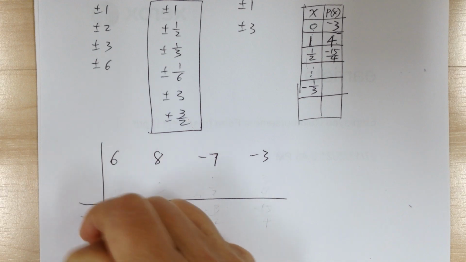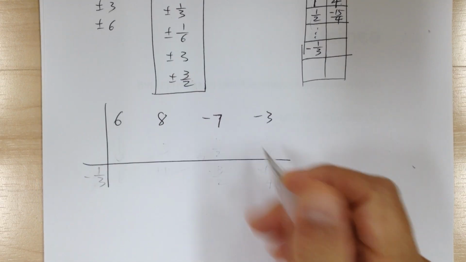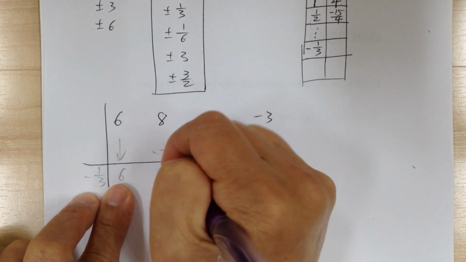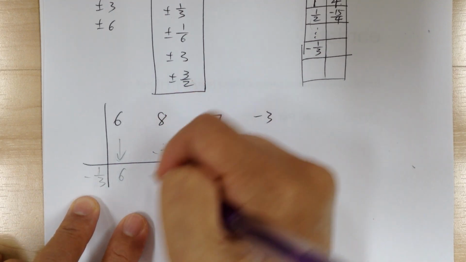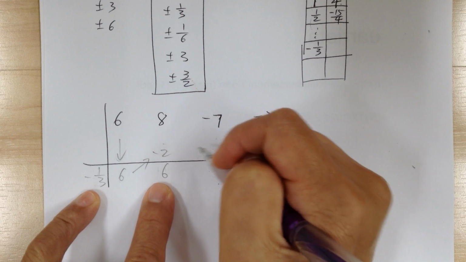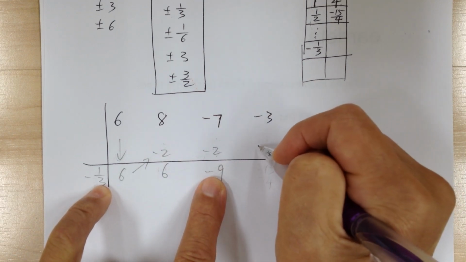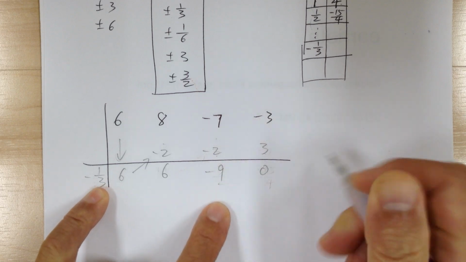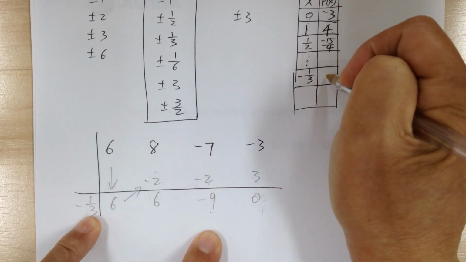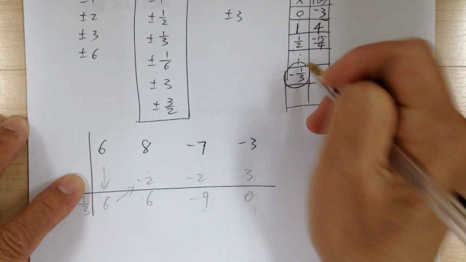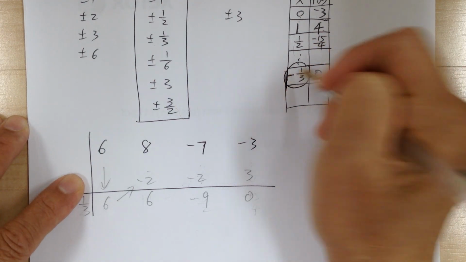So when you get to -1/3, you drop, you multiply, you add, multiply, you add, multiply, and you add. So when you try -1/3, you get 0, okay? So that means this is one of your answers. So -1/3 is your answer.